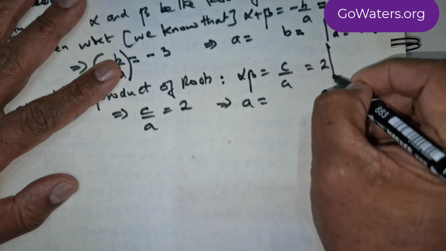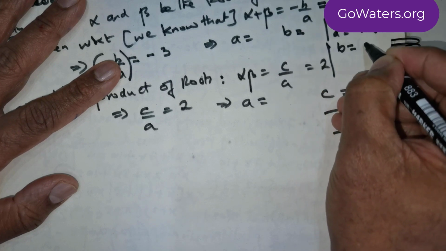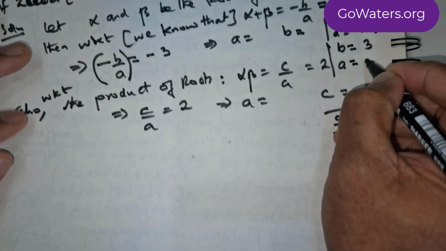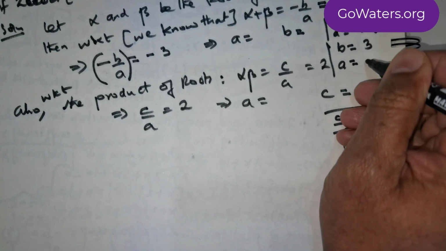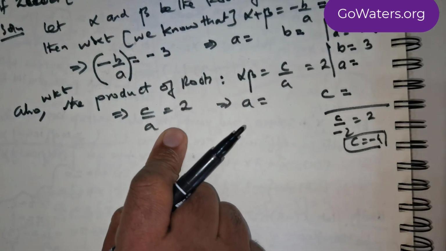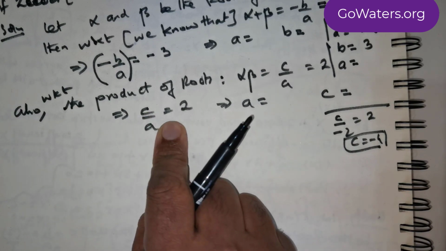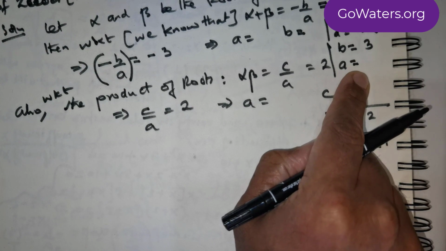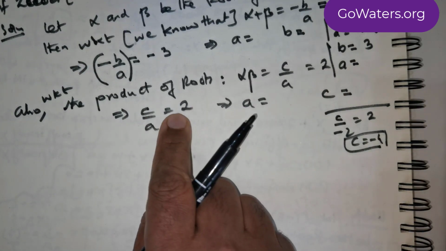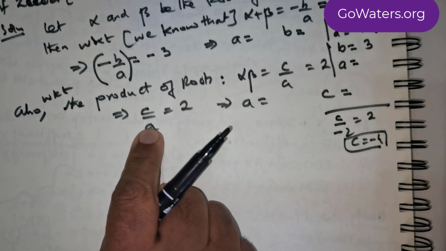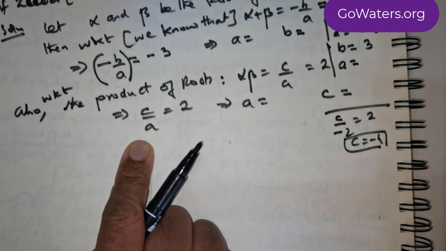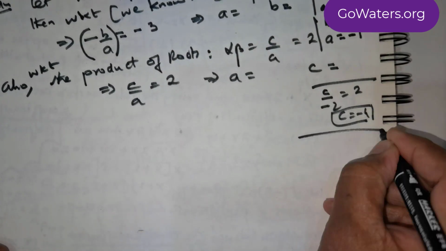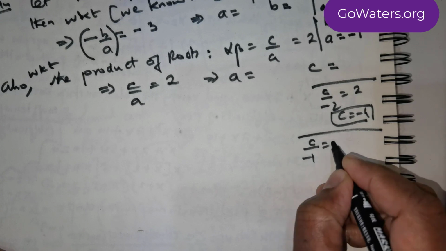So the only possibility is taking the value of b to be 3 and a to be, say, -1. If I were to take a as -1, then c divided by -1 is equal to 2.